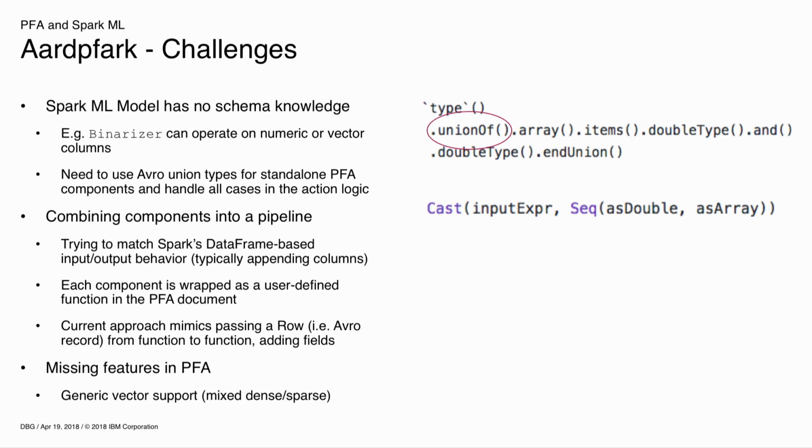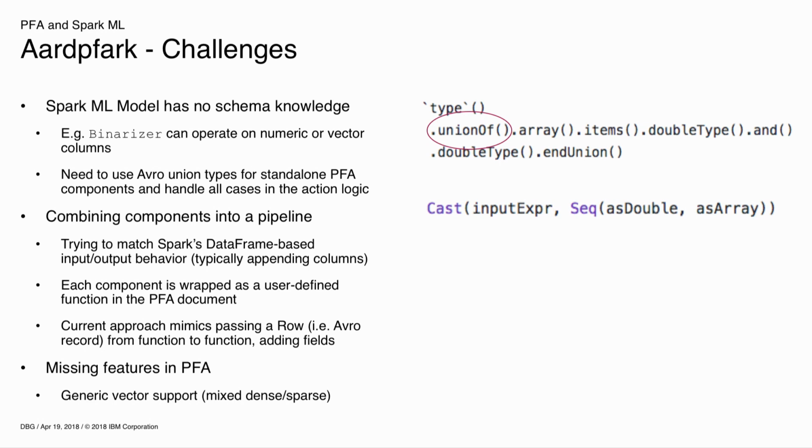So the basics of exporting a Spark ML component to PFA are fairly straightforward, but there's a couple of challenges. One of them is that a Spark ML model actually has no knowledge about the schema. So it takes in a data frame and spits out a data frame, and all the code sits there to do the transformation and check schemas, but the model itself doesn't have any kind of knowledge of that.